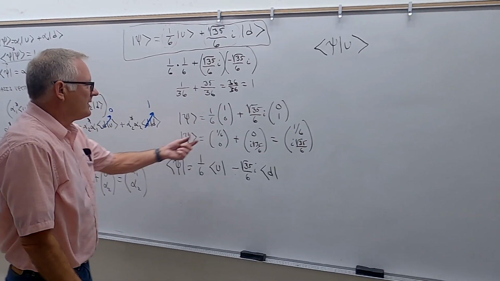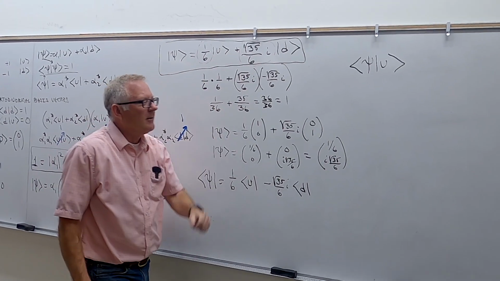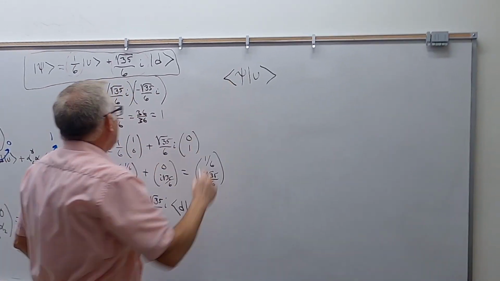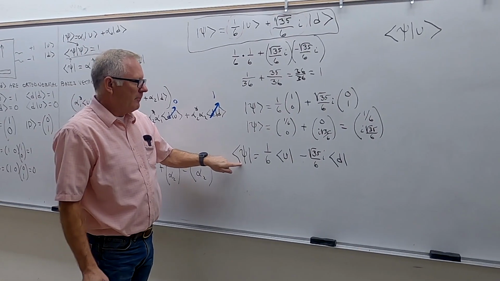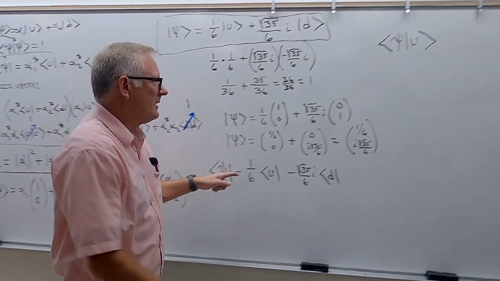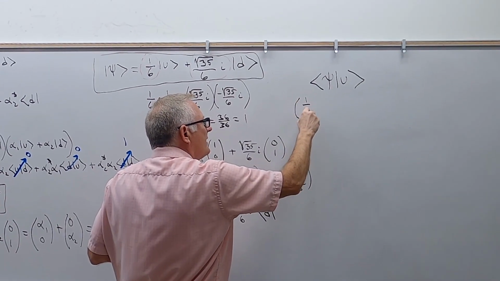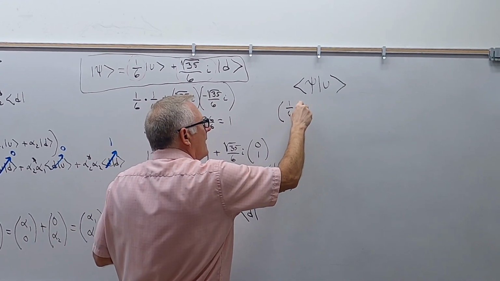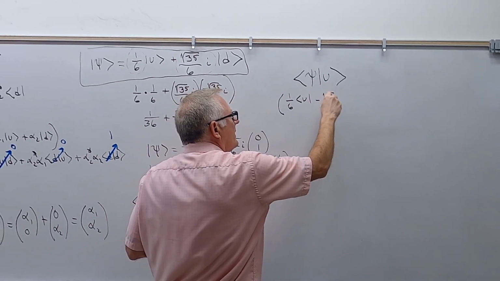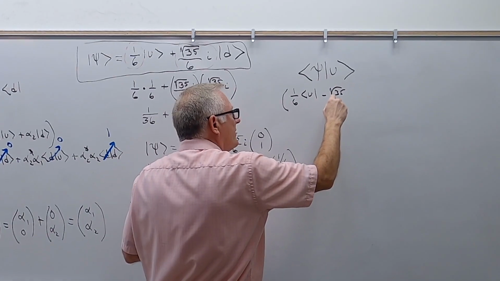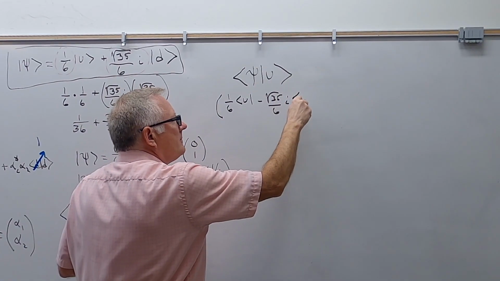I could do it with the column matrices, or it's probably easier just with the ups and downs. We already know what this one was. There was my bra for psi, so let's put the bra in right there. So this is 1/6 bra up minus the square root 35 over 6i bra down.